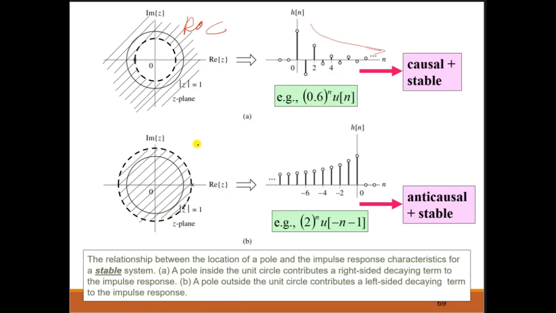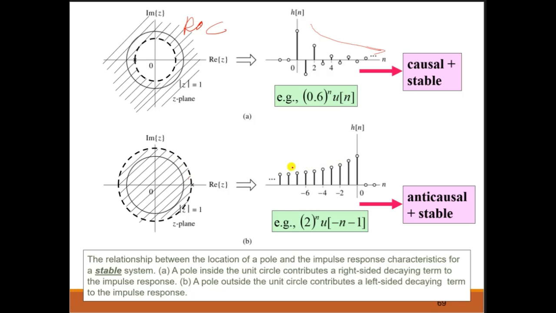So kalau dia di satu sistem yang, okay, so sorry, a pole berada di luar unit circle and then it is anti-causal. Okay, bila dia anti-causal, so ROC is inward kan? ROC is inward, so dia punya decaying system, left-sided decaying system.